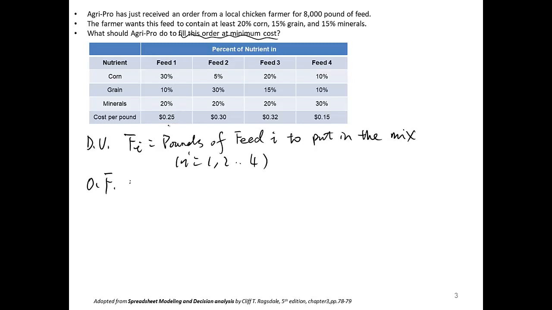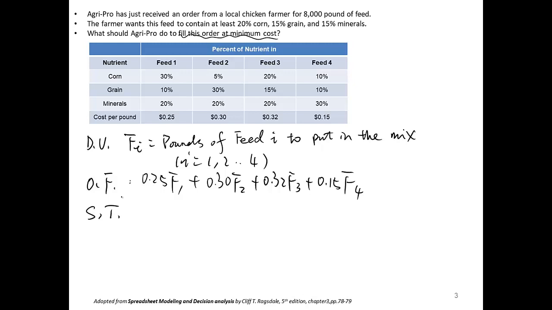And then F1 pounds of feed 1 will be 0.25 F1, right? And so we add them together: plus F2 plus 0.32 F3 plus 0.15 F4. So very easy. Subject to the constraints.